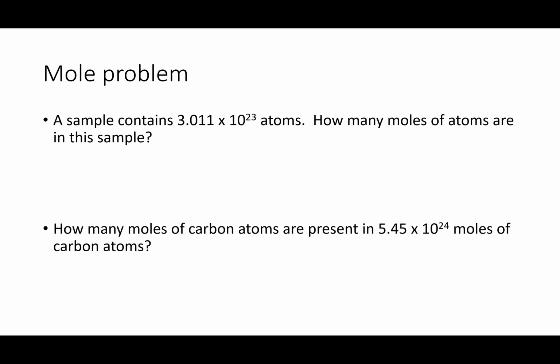Okay, so any equivalency statement like this, 1 mole is equal to 6.022 times 10 to the 23rd atoms, we can use as a ratio or a division ratio to work a problem. For instance, I'm not going to work it, I'll just set it up like we set it up in lecture. A sample contains 3.011 times 10 to the 23rd atoms.